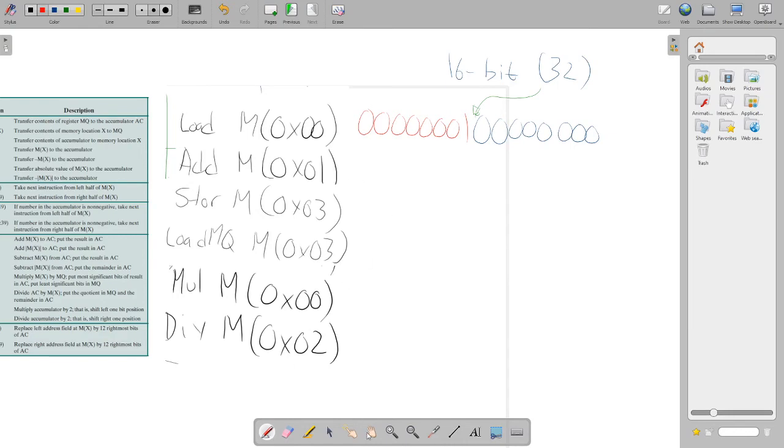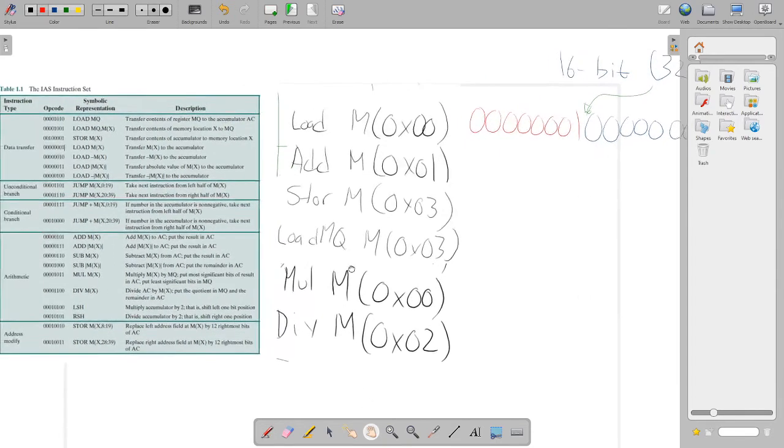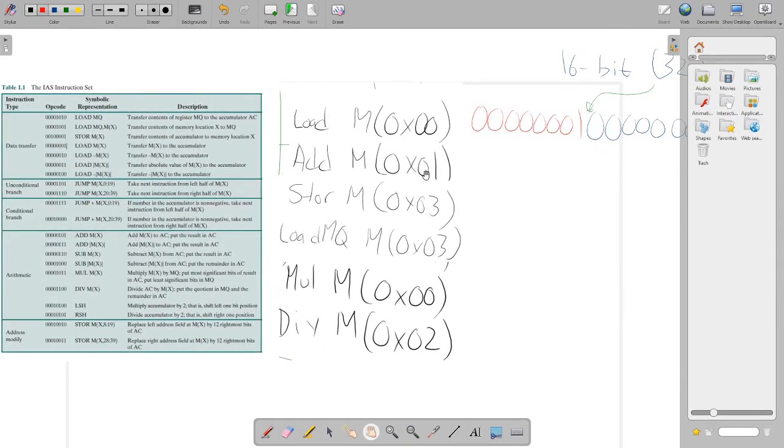Cool. So we have the next one, which is just add. So add memory address 0 is right here, and that is the opcode, which is 0 0 0 0 0 1 1 1. So that's the opcode part.